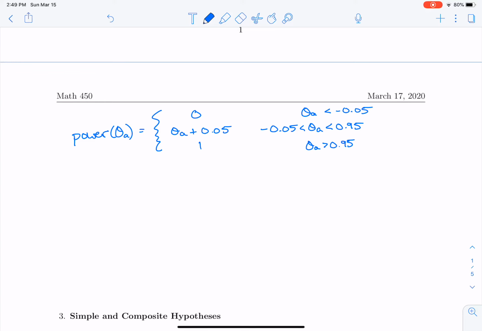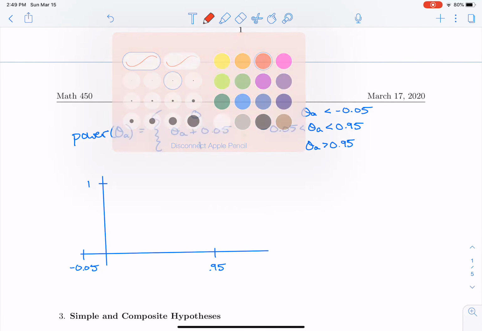We can actually draw a picture of this power function. We can draw a graph. I'm going to make that 1. 0.95 is kind of important on this graph, and negative 0.05 as well. I'm going to draw this function in red.